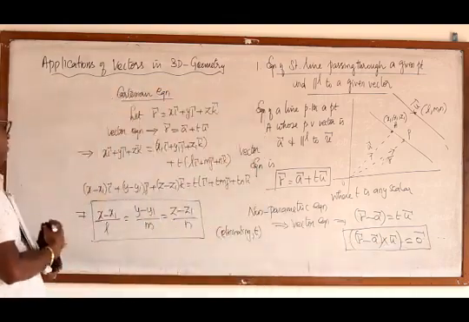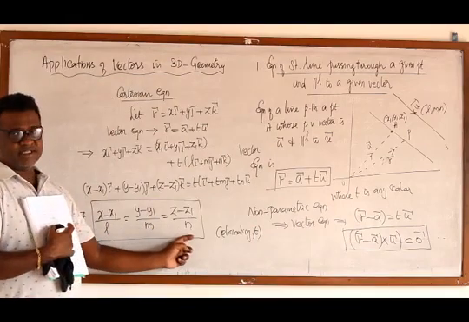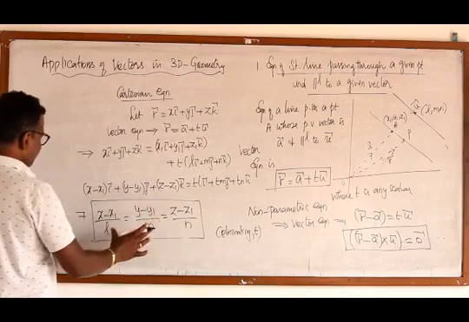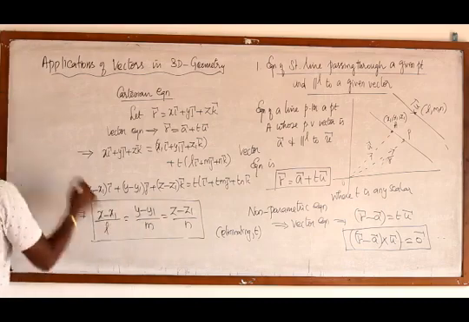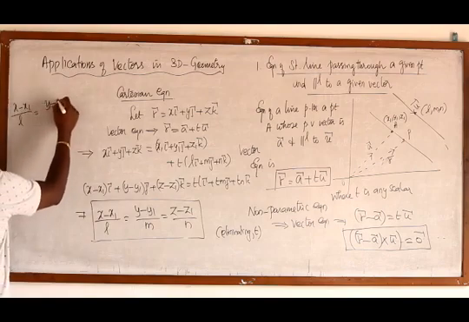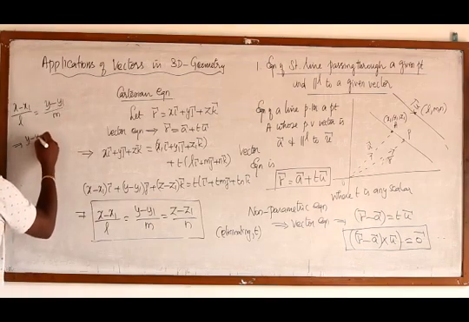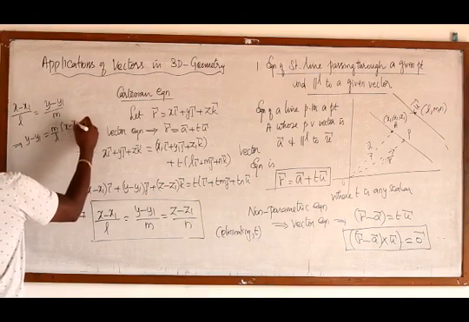And then the Cartesian form is (x minus x1) by l, equal to (y minus y1) by m, equal to (z minus z1) by n. Now, this format is an equation of a straight line, because if I take only this part, (x minus x1) by l equal to (y minus y1) by m, shall I write this as y minus y1 equal to m by l into x minus x1?